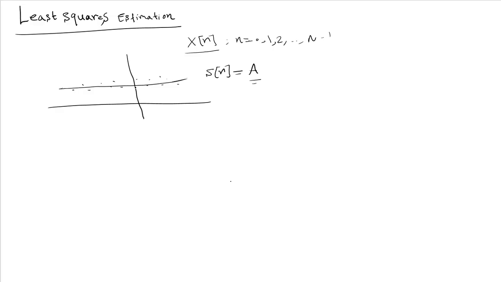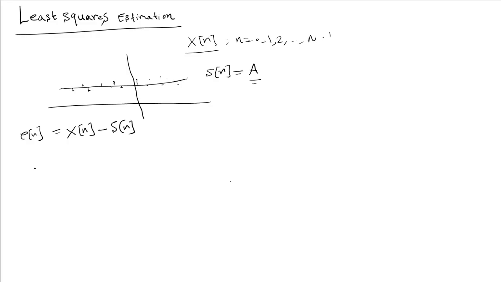Of course, I will have some model error. For example, this distance between observations and model is model error, and I'm going to find the best model to have the minimum error. Error is observation minus signal. We consider this as error.